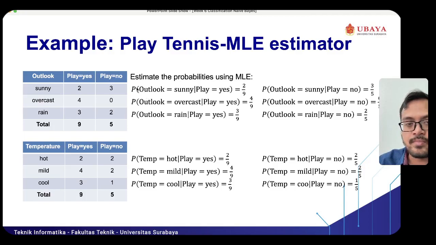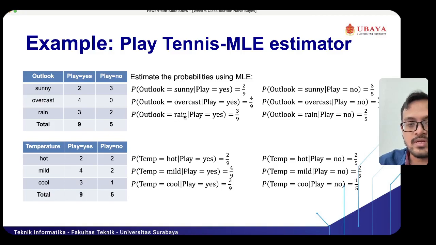So the probability that the outlook equals sunny given playing yes will be 2 divided by 9, right? For the outlook equal overcast given playing equal yes, it will be 4 divided by 9.